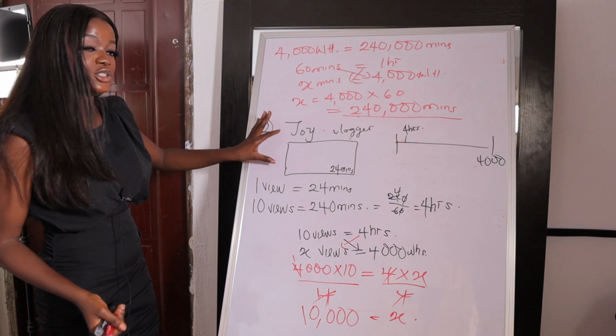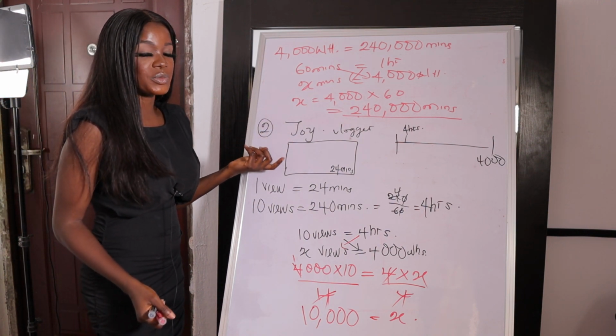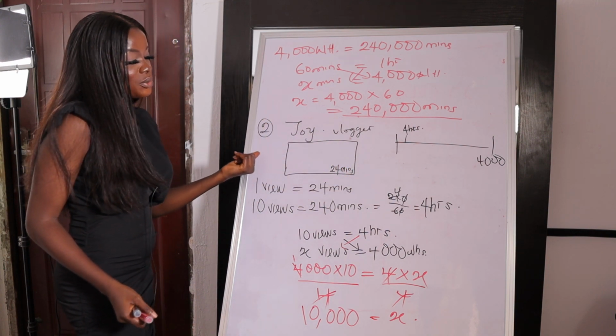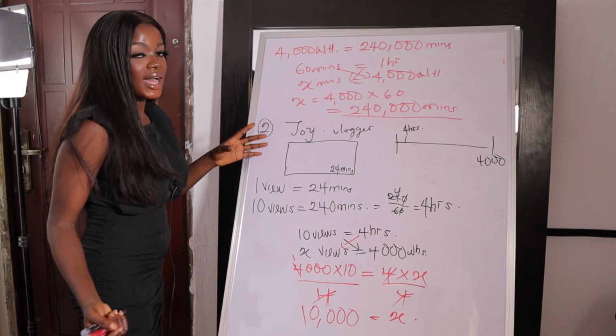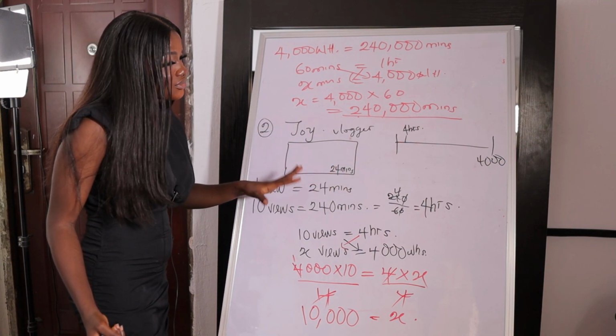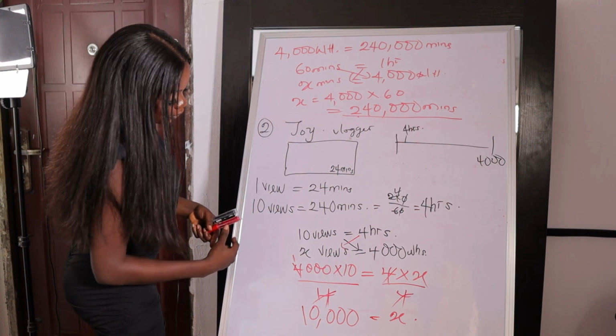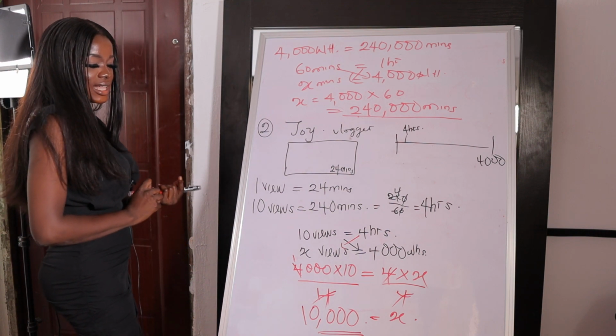If she posts a video of 24 minutes and everybody that watches watches from the very beginning until the very end, remember that this is the only video on Joy's channel because she's a new YouTuber. So Joy needs 10,000 views to achieve that milestone.